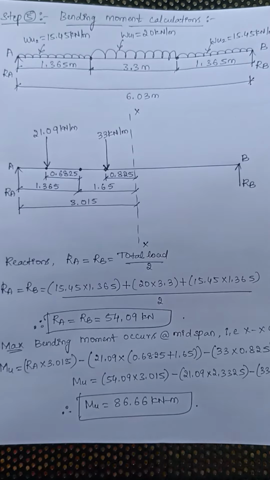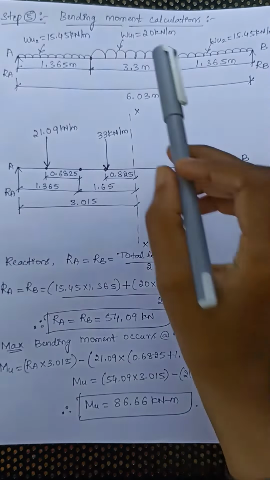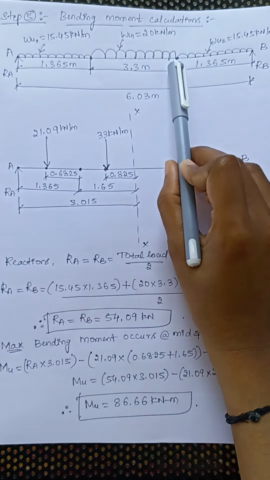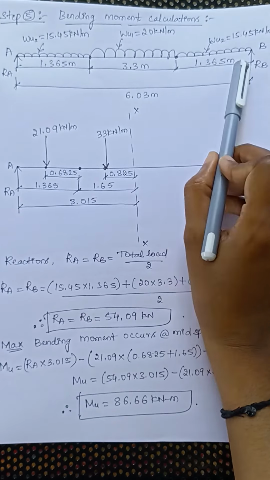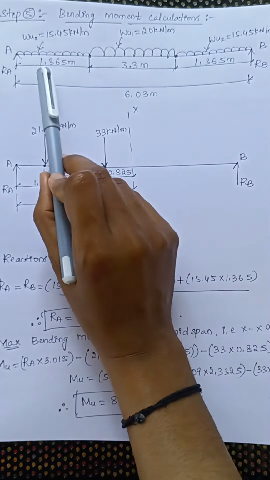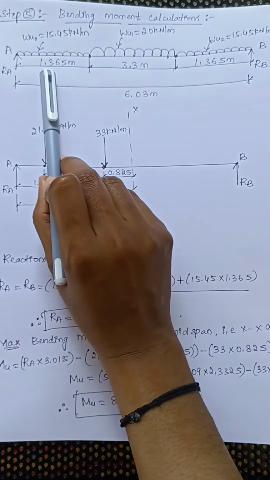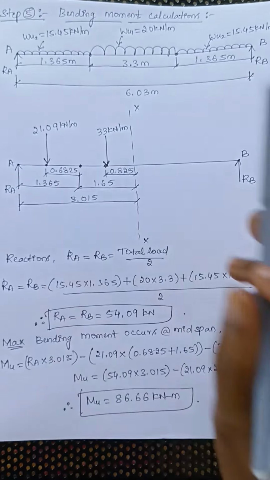For finding the bending moment acting on the slab, we need to draw the load distribution figure. So the load will be distributed in this manner. Here the middle portion represents the going portion, the last portion represents the landing portion, and the first portion represents the gap in between the staircase and the slab.